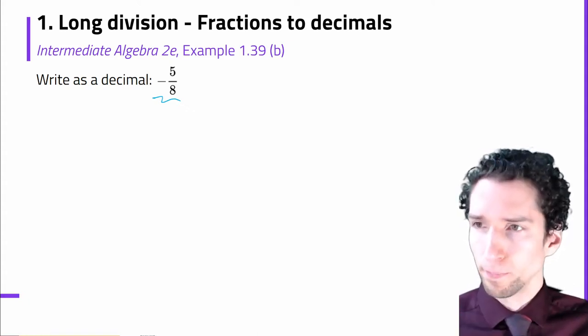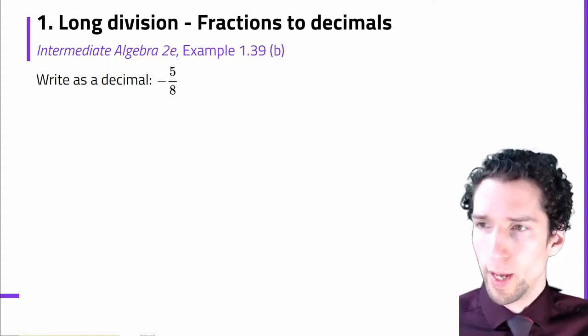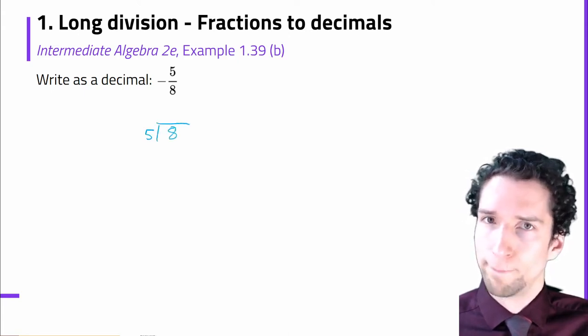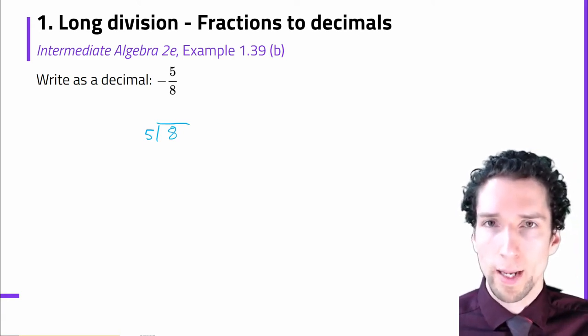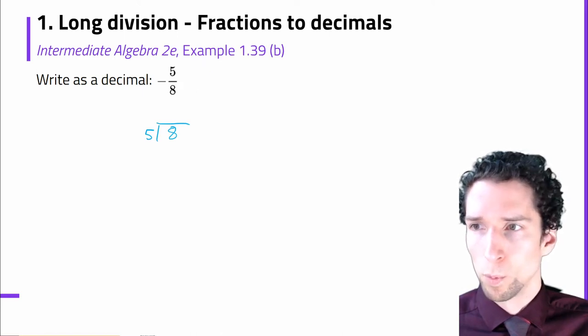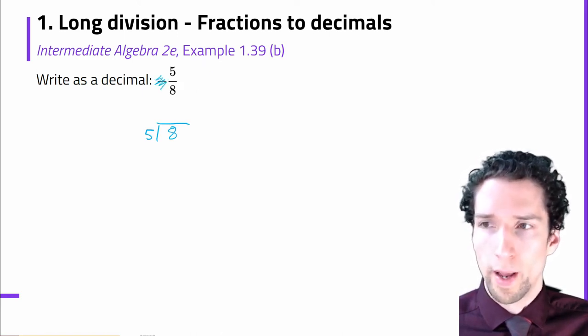So you might be tempted to write something like this. Well, 5 and 8. No. So this is 5/8. Our answer should be less than 1, or let's sort of ignore the negative sign for now.